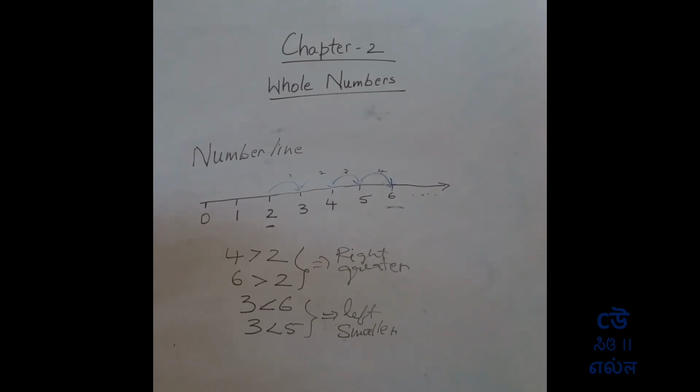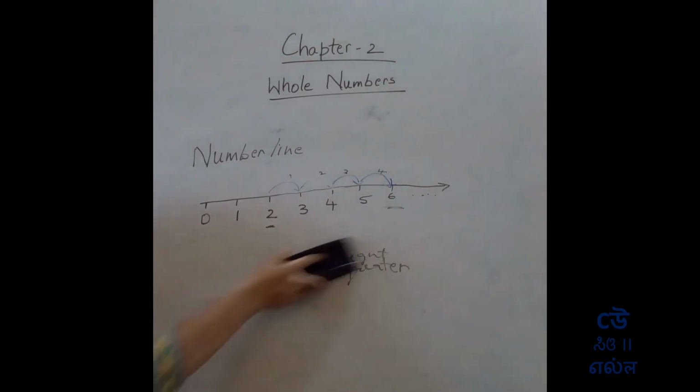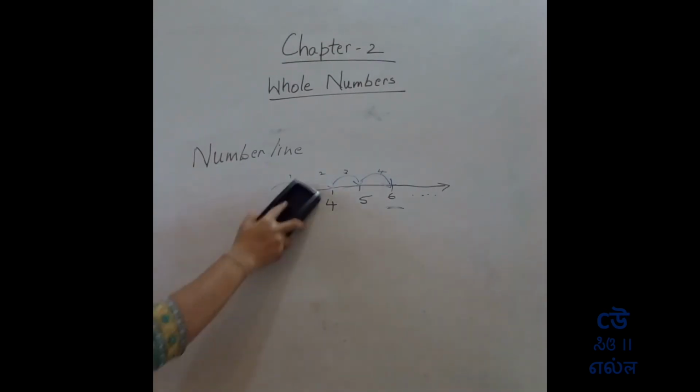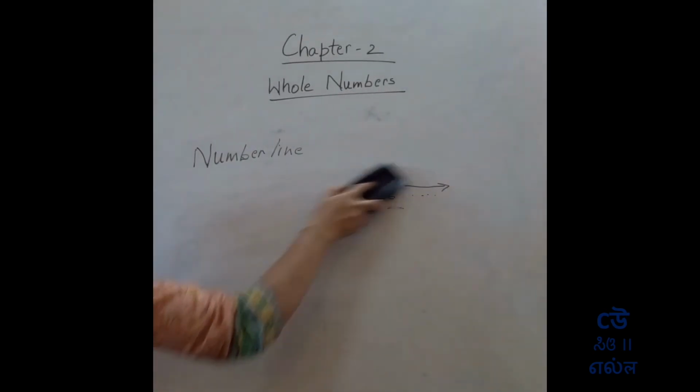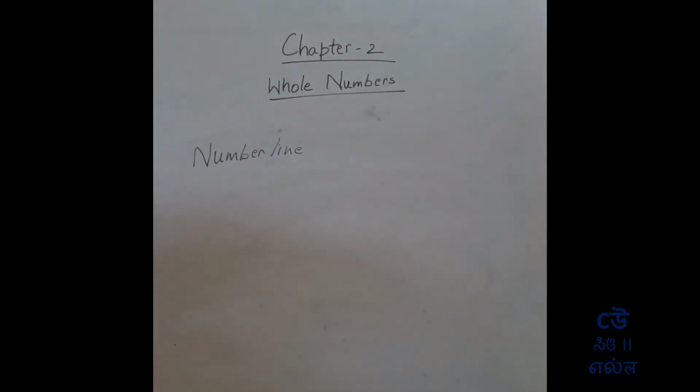So let us try to place some numbers and find the predecessor and successor on the number line. First, let us draw the number line.